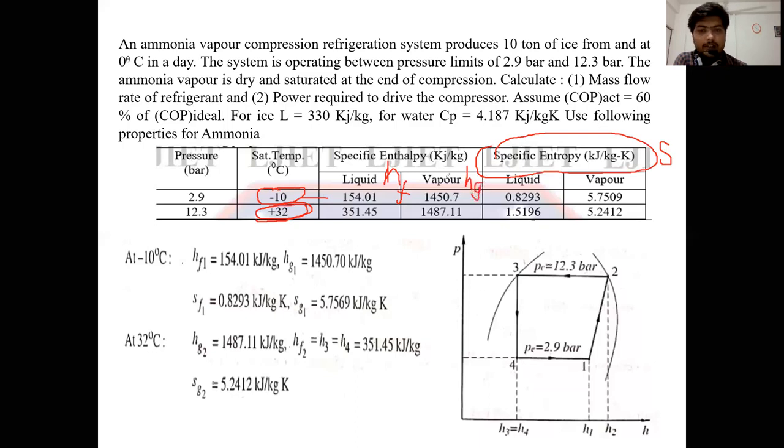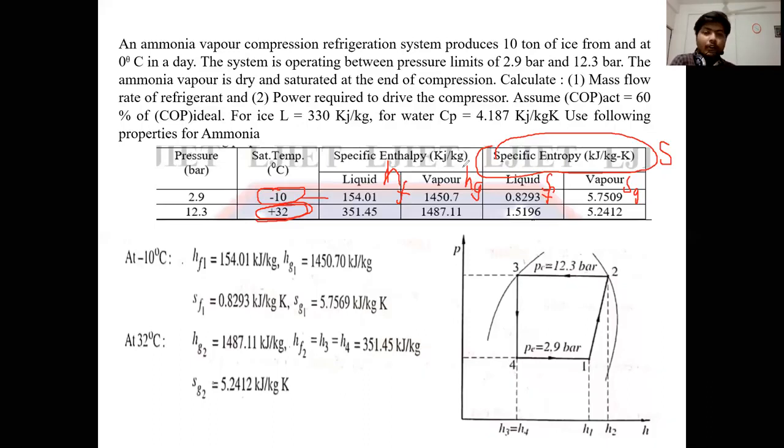G for gas or vapor, similarly sf and sg. Everybody remember this data. Liquid as f is represented by hf for enthalpy, and vapor by hg. And for entropy, sf for liquid and sg for vapor.